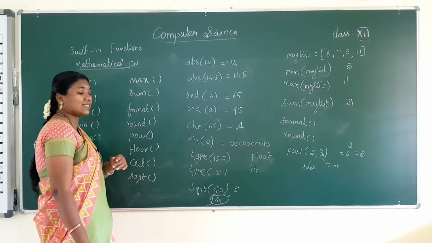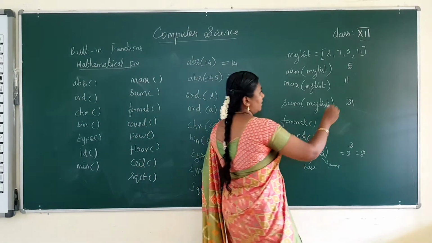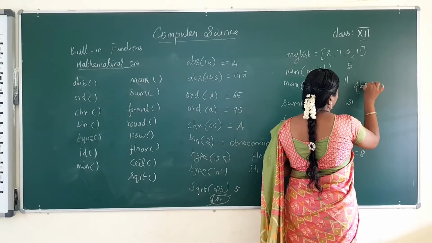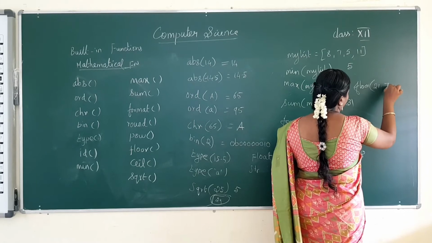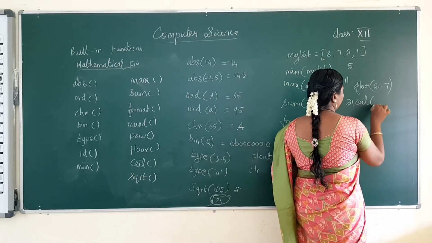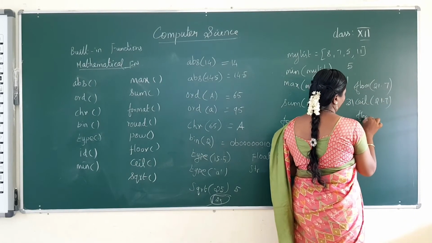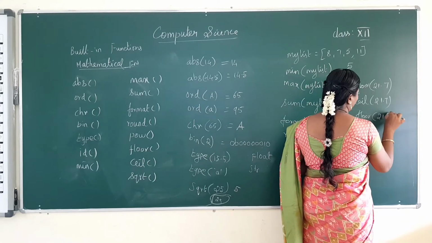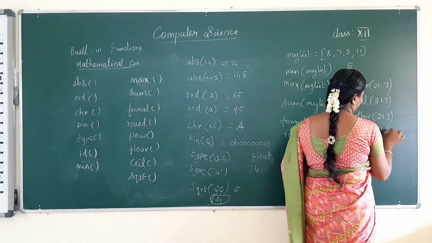So, floor and ceil. Floor means, if I am giving 21.7, and I am giving the same value for the ceil function, floor of 21.7 and ceil of 21.7. Okay.